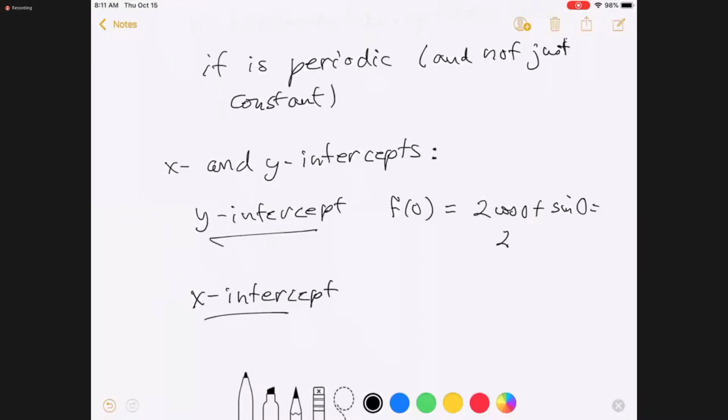And maybe it's enough to know that you do have one and approximately where it is. Okay, so x-intercepts, that's when f of x is equal to 0.